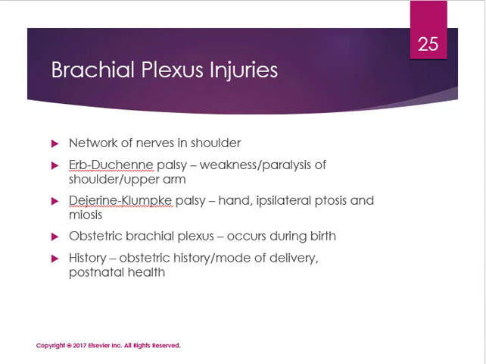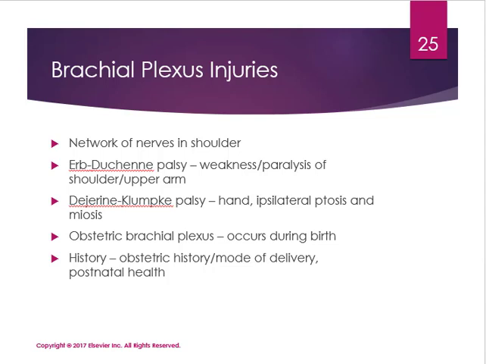The injuries can be classified using the NURS criteria and range from type 1 through type 4. Most injuries impact the upper brachial plexus, C5 and C6, resulting in weakness and paralysis of the shoulders and upper arms, and this is known as the Erb-Duchenne palsy.